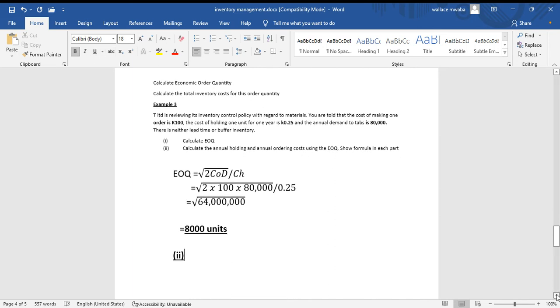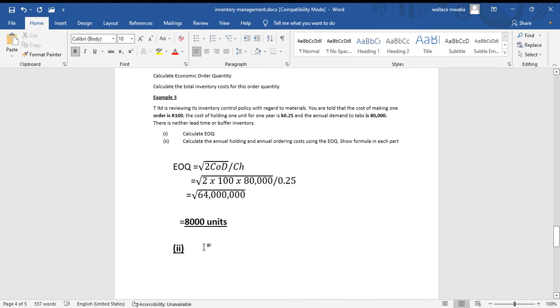So we'll start with the annual ordering costs. Annual ordering costs equals number of orders multiplied by the ordering cost.